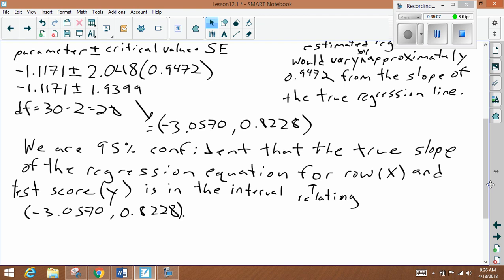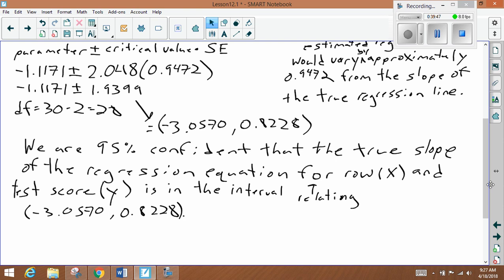But 0 is included, and some positive values of slope are also included in this interval, which means it's also possible that as row number increases, scores increase. Which would say that probably there's not a negative relationship between row number, the distance from the front of the class, and scores.